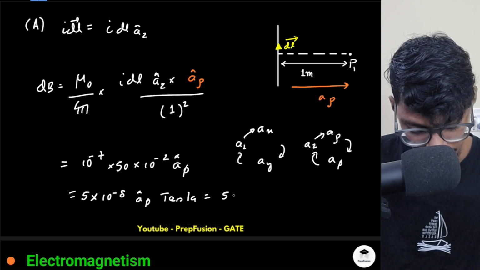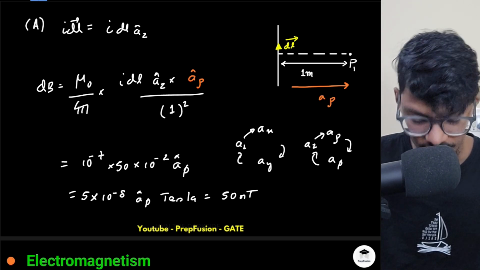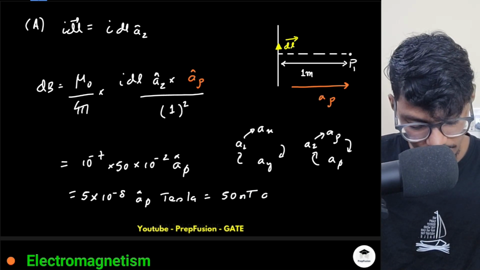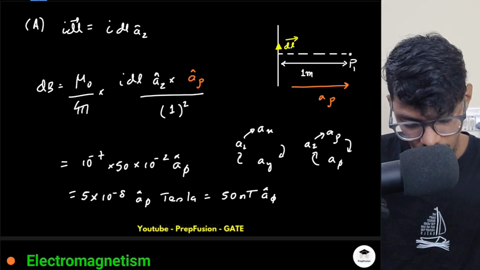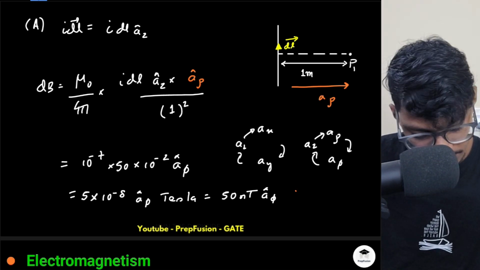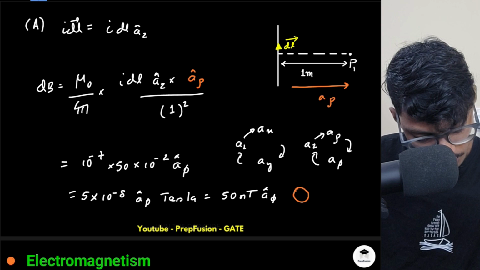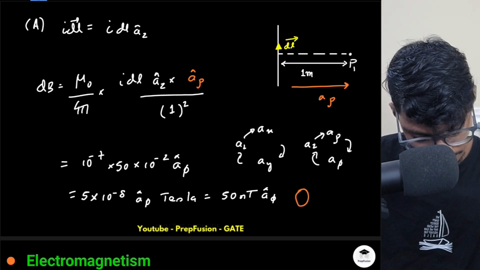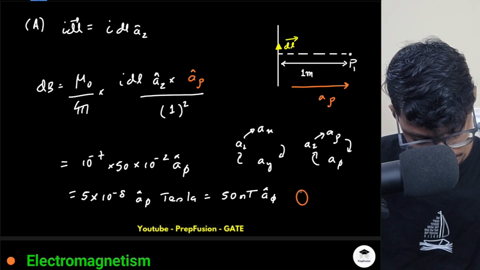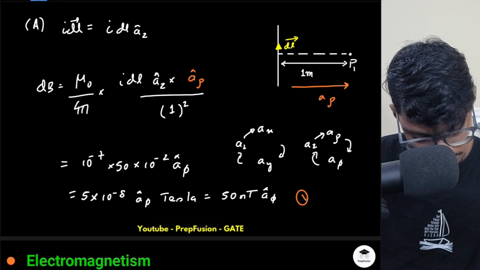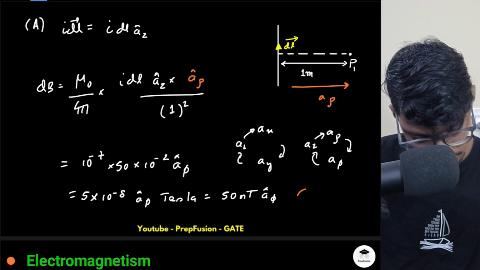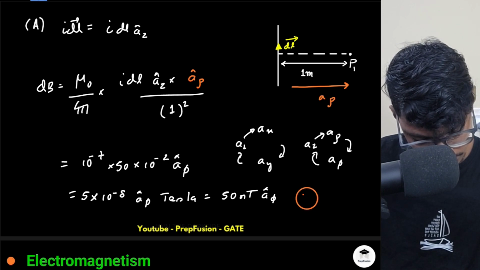I can further simplify it as 50 nano Tesla in the a_rho cap direction, or you can say that it is going inwards to the screen. If I can draw the shape inwards to the screen, right?